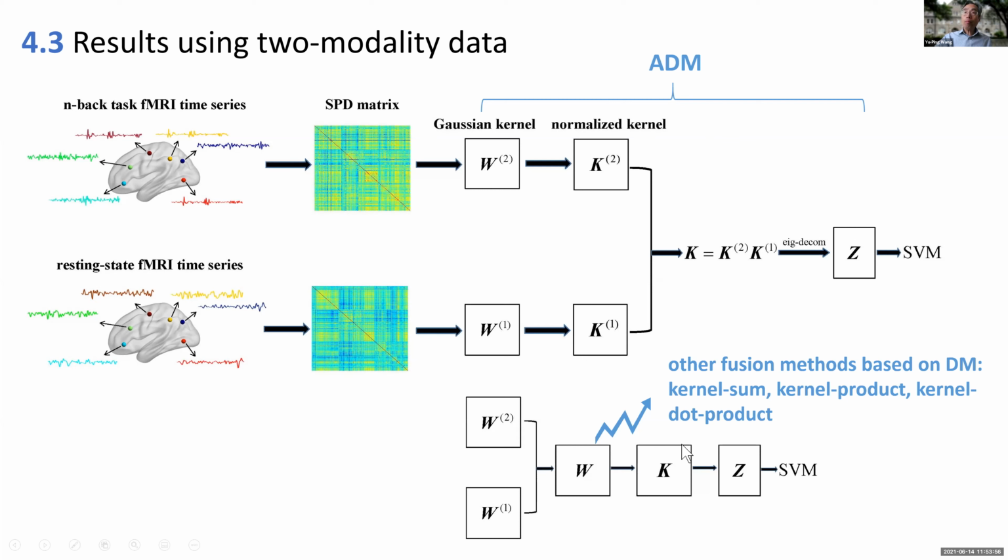Here, the kernel K can fuse the information from both resting state and task fMRI data. We also compare our alternating diffusion map approach with three other kernel-based fusion approaches.